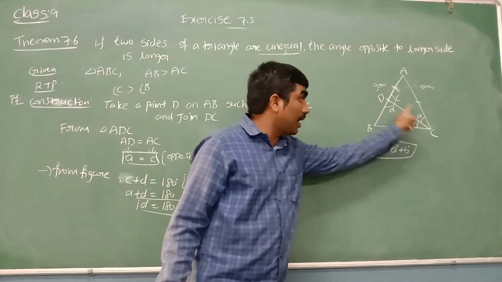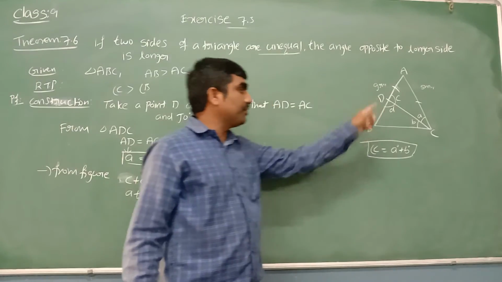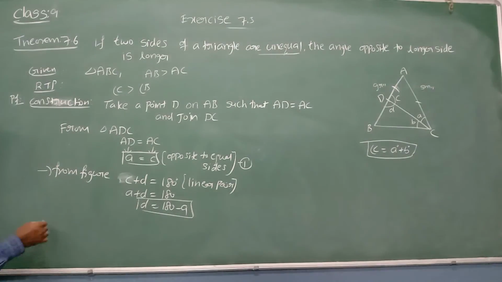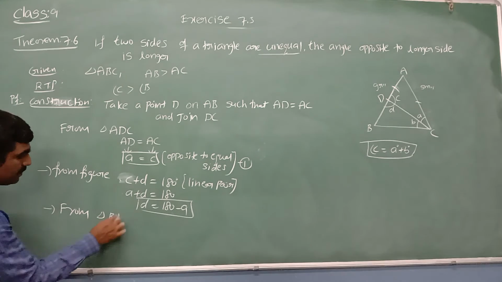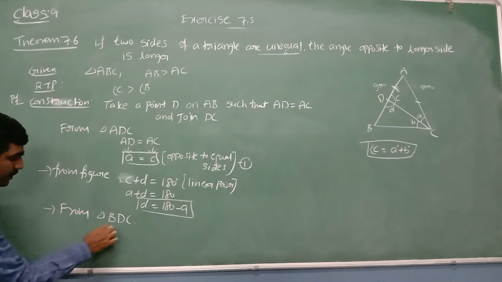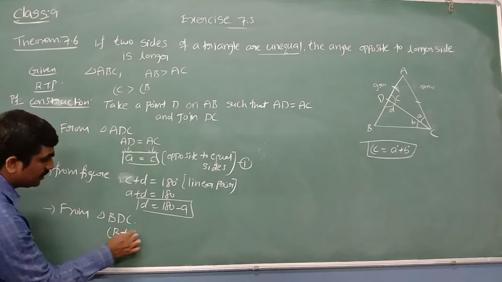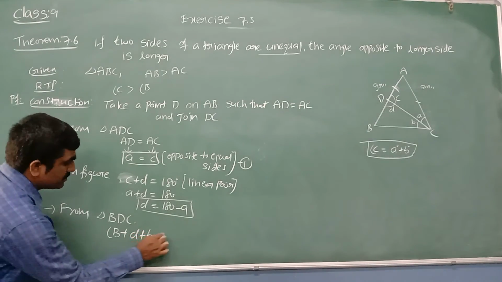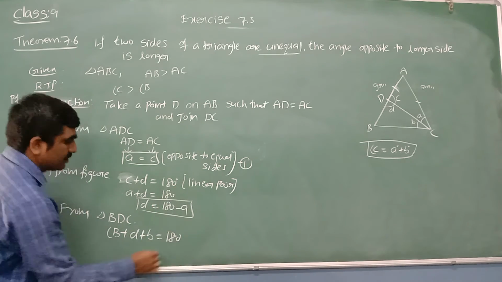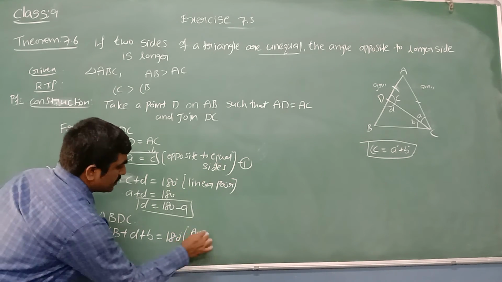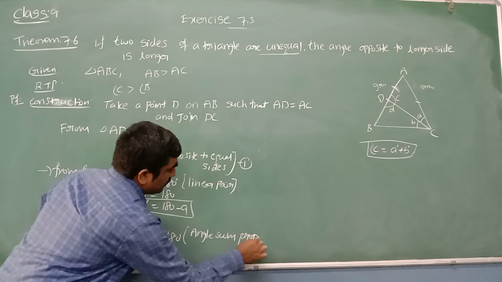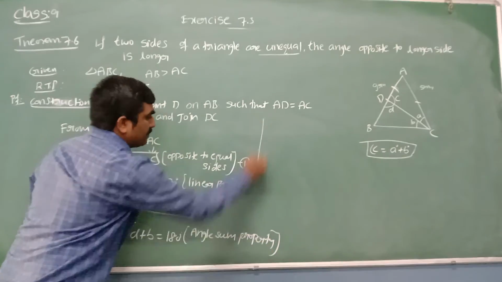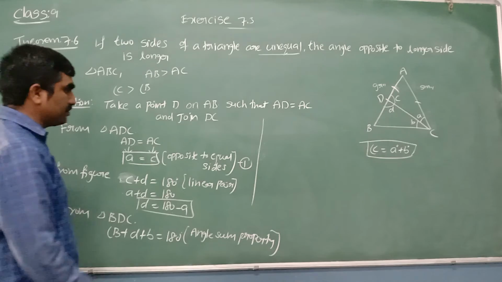From triangle DBC, apply the angle sum property of triangles and find the angle B. From triangle BDC we can write angle B plus D plus C is equal to 180 degrees. What is the reason? Angle sum property of triangles. We'll find angle B from there.